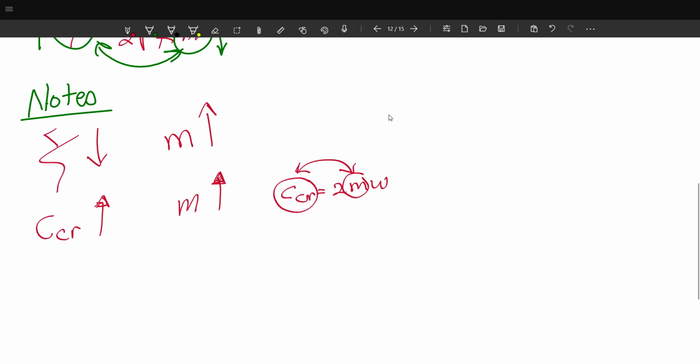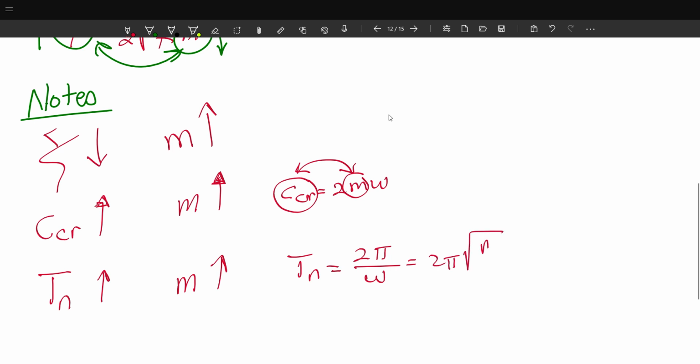And after that, if Tn is going to increase, then M is going to increase. What is the reason? Because Tn equals 2 pi over omega, which means 2 pi times the square root of M over K. So M and Tn are proportional to one another here.